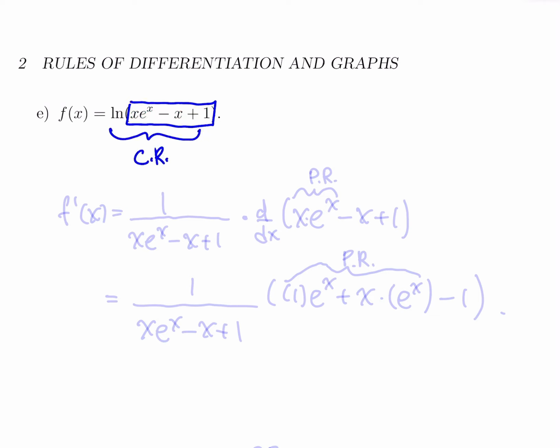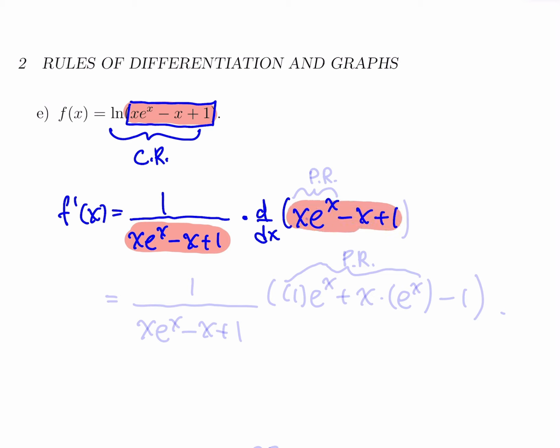So if I compute f prime, I get 1 over everything unchanged, so x e^x minus x plus 1, times the inner derivative, so x e^x minus x plus 1. I could have done it in one shot, I will do it in two shots. So you get 1 over x e^x minus x plus 1, unchanged.